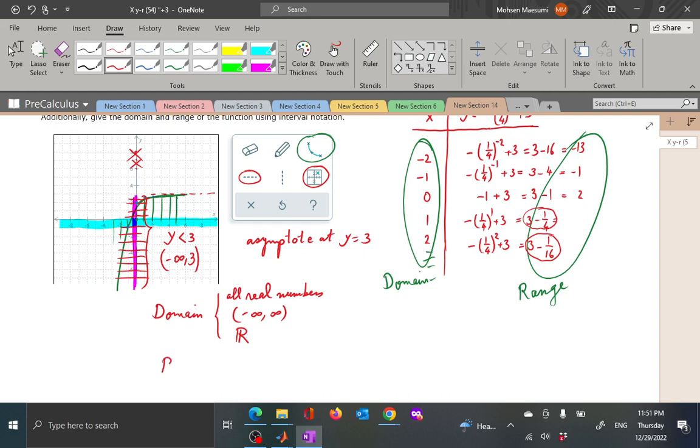Well, how about the range? For the range, we said y less than 3. This is one way of describing it. Interval notation from -infinity all the way to 3 is another way of describing this.